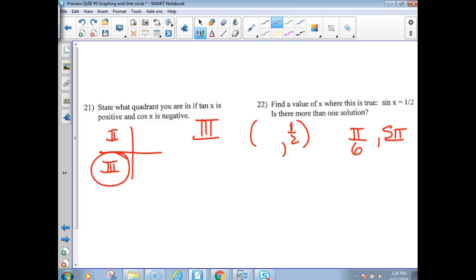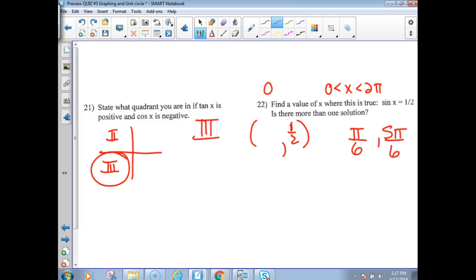Now, why did I write those in radians? Well, because you could. If your directions said for x between 0 and 2 pi, and you'll need to know this if you take trig or pre-calculus next year, you would give radian answers. Did I have to give radian answers here? Not really, because it didn't specify.